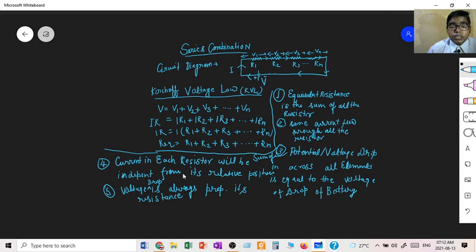So in this class, this much, and next class we will do questions on the basis of this formula. It means simply that the total resistance of a circuit is the sum of the resistances in the circuit.